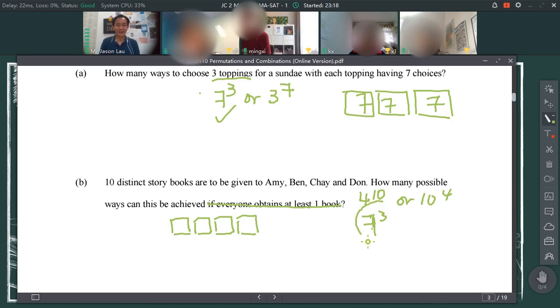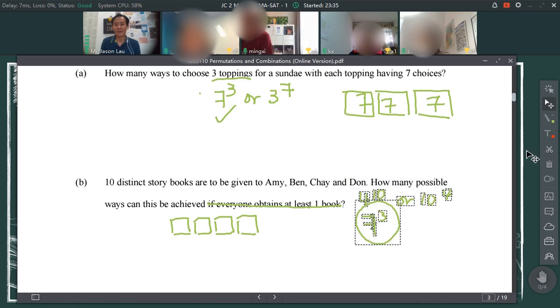I didn't say this is correct. For part A, why did you mention 7 to the power of 3? Because I answered 7 to the power of 3, and there's 3 boxes and 7 options.